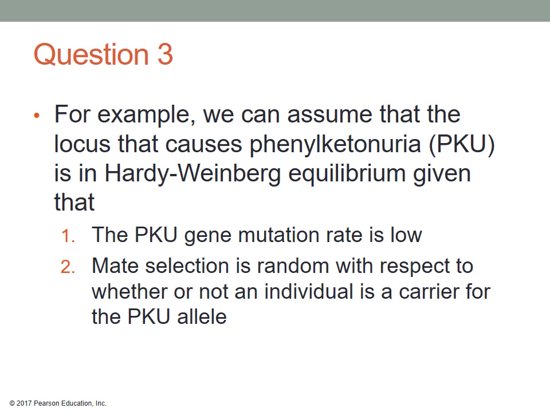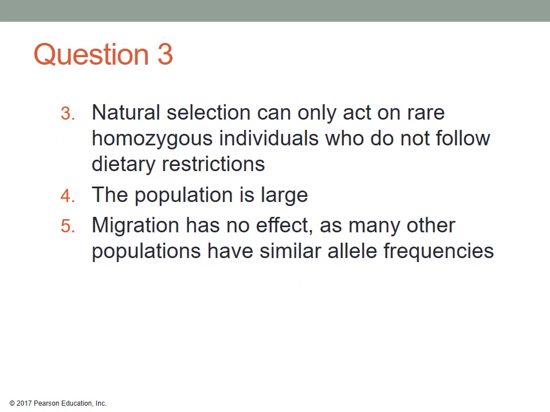So we can assume that PKU is in Hardy-Weinberg equilibrium if our PKU gene mutation rate is low, which it is, and mate selection is random with respect to whether or not somebody carries PKU, which we assume it is. And we also assume that natural selection can only act on rare homozygous individuals who do not follow dietary restrictions.